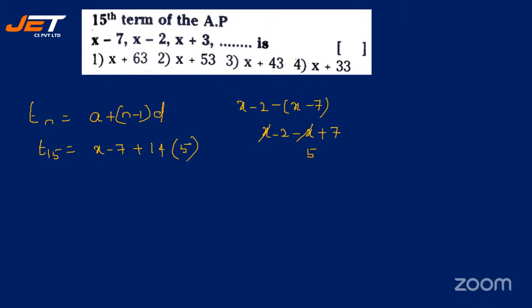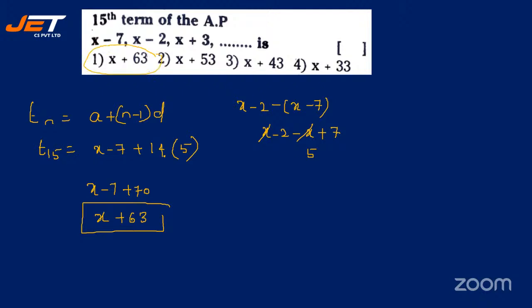So x minus 7 plus 70, 5 4s are 20, 5 1s are 5 plus 2, 7. So x plus 63. Your answer must be x plus 63, which is option 1.